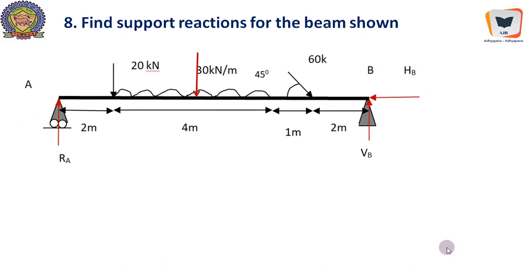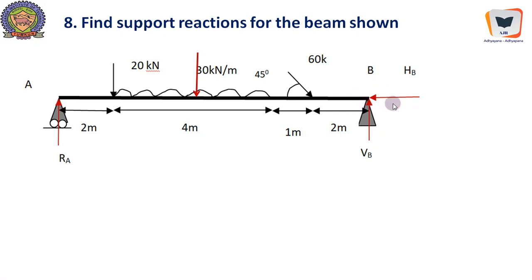Now here is another beam which is being superimposed with a concentrated load and a UDL and an inclined load. Due to the presence of this inclined load, 60 cos 45, a force acting in the rightward direction, immediately there is a reaction set up in this direction.